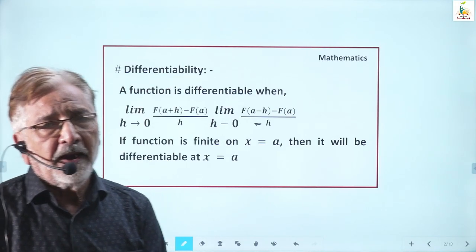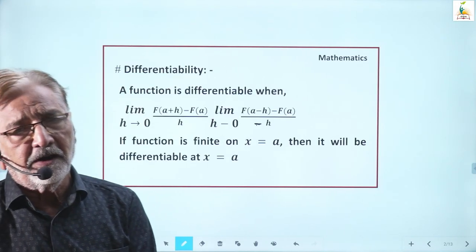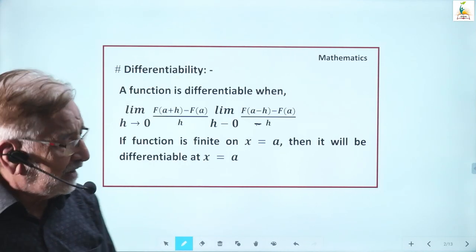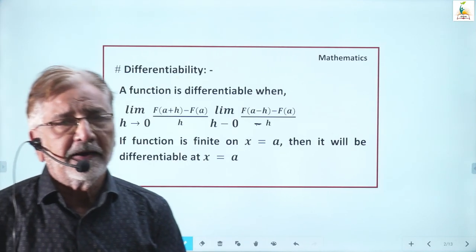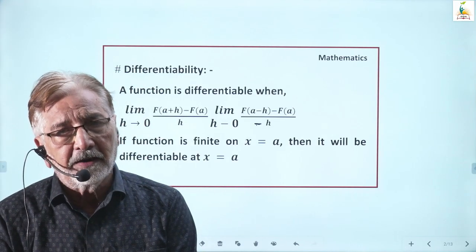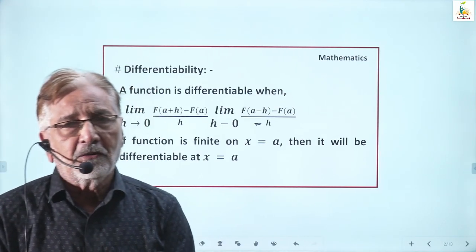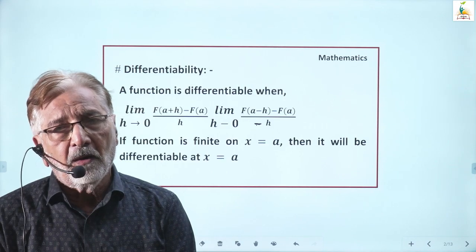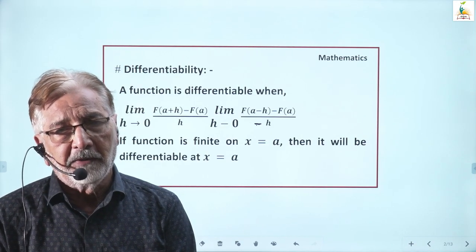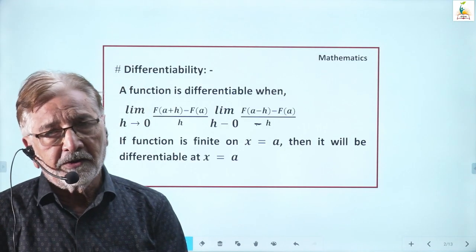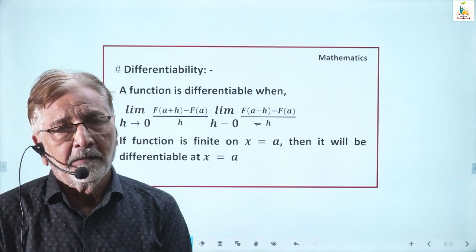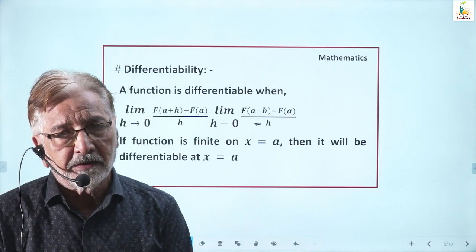Third, if a function is not continuous at any point x equal to a, then it shall not be differentiable at x equal to a. But if a function is continuous at x equal to a, it may or may not be differentiable at x equal to a. I am repeating it again. Continuity is necessary for differentiability, but it is not sufficient.